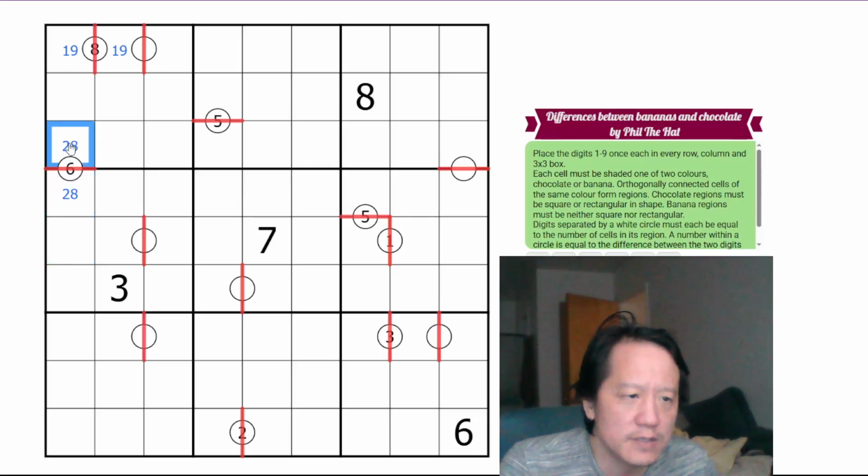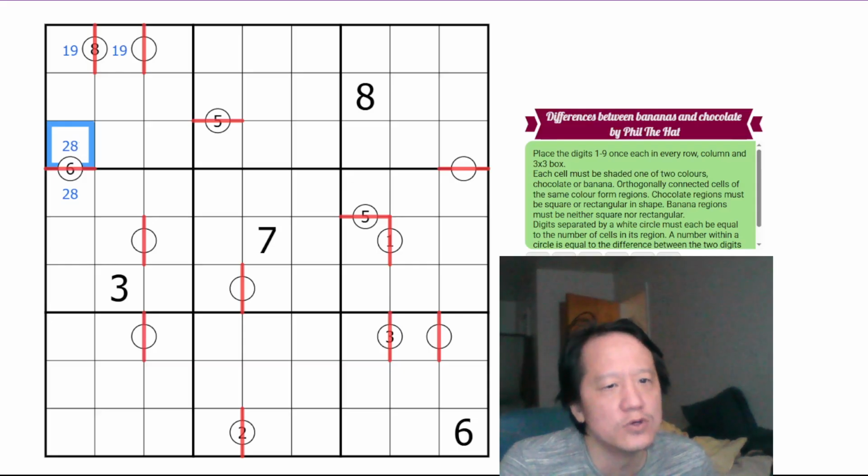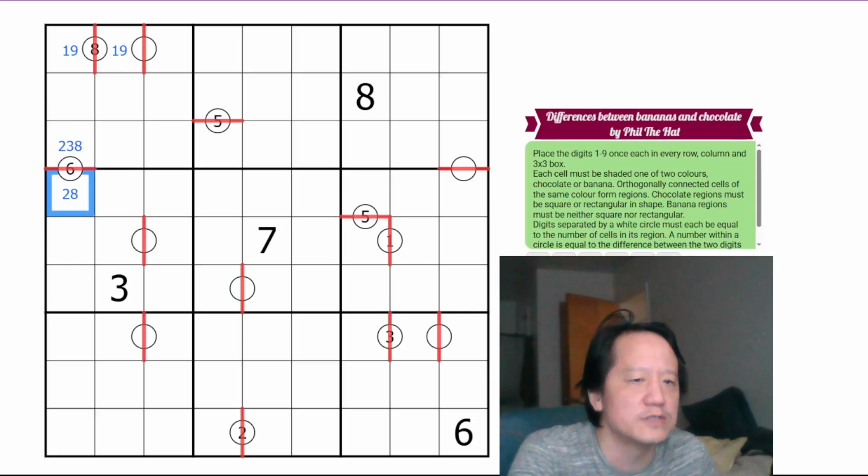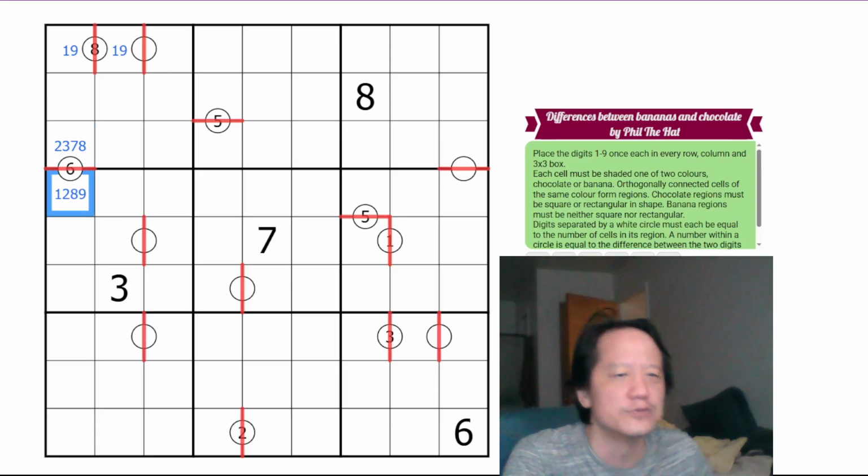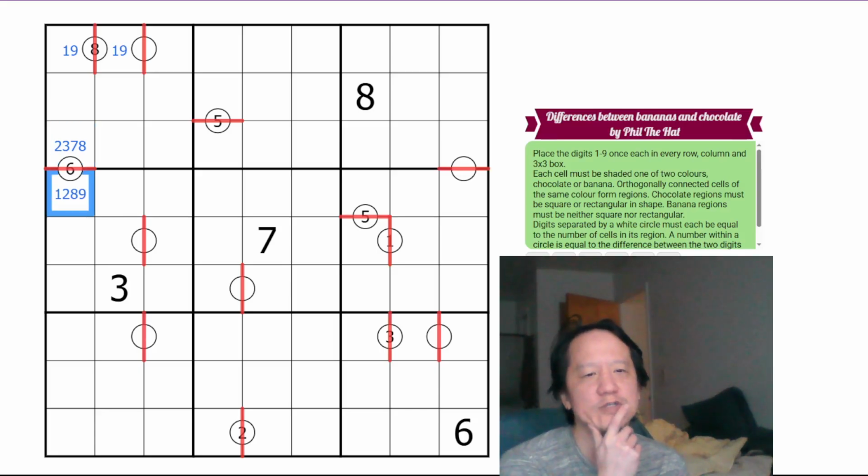Again, you cannot have 1 or 9 here. So this is either going to be 2, which is 6 away from 8, or 8, which is 6 away from 2. Or this could be 3, 6 away from 9, and 7, 6 away from 1. Those are the possibilities. Ooh, okay, so it's not as restrictive as I thought.